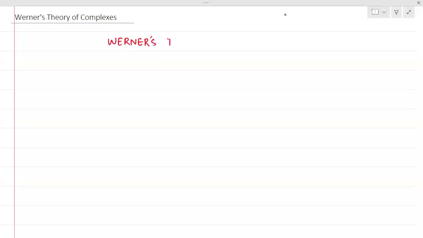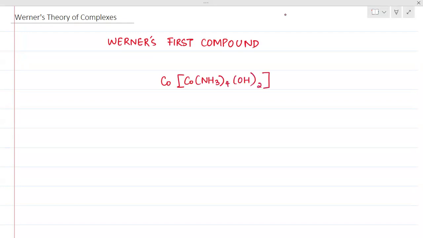So the question was from Werner's compound. What is the compound? It is cobalt, NH3 4 times, OH 2 times, this is taken 3 times, the whole Br6.